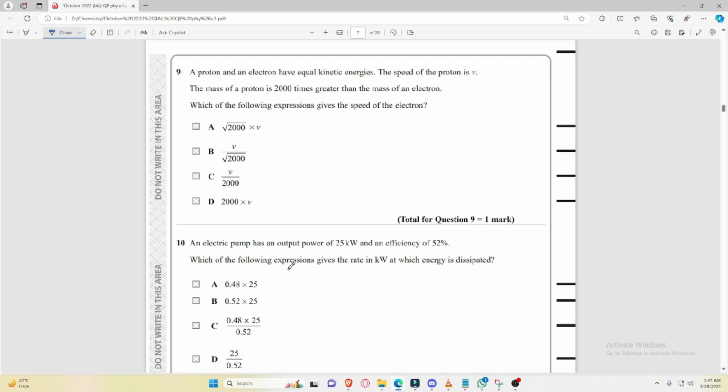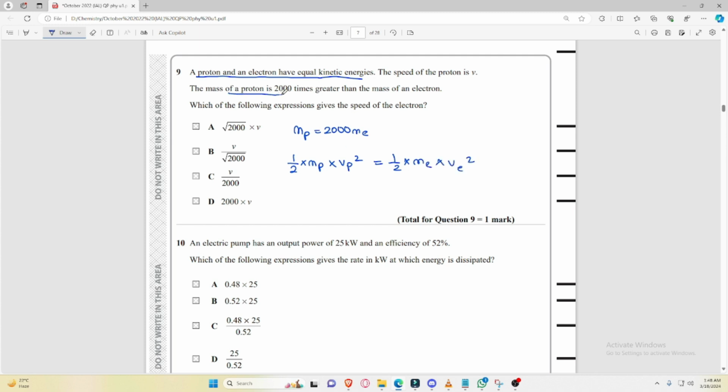A proton and an electron have equal kinetic energies. The speed of the proton is v. The mass of the proton is 2000 times mass of electron. So mass of proton is 2000 times mass of electron, and kinetic energy, they are equal. So half into mass of proton into velocity of proton square equal to half into mass of electron into velocity of electron square.